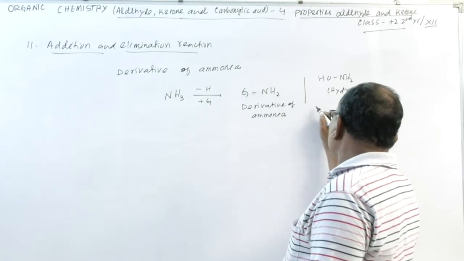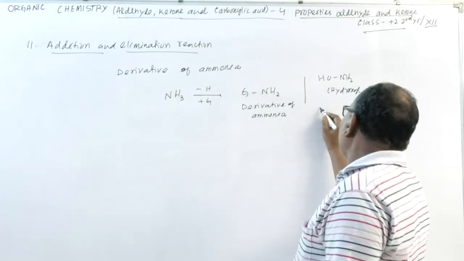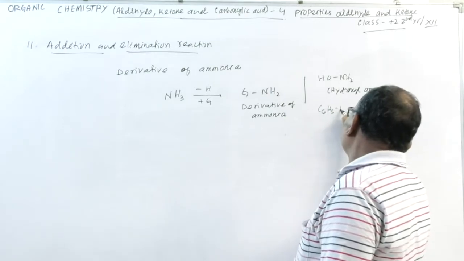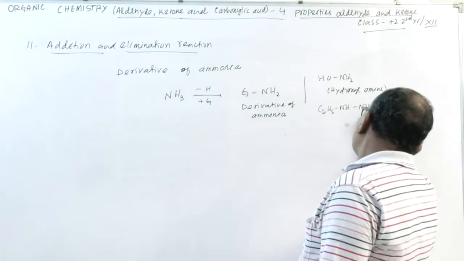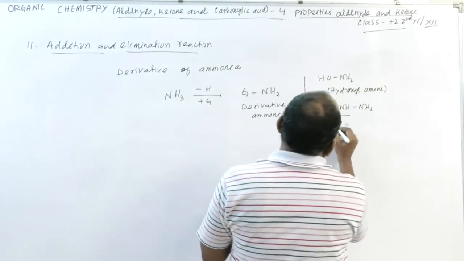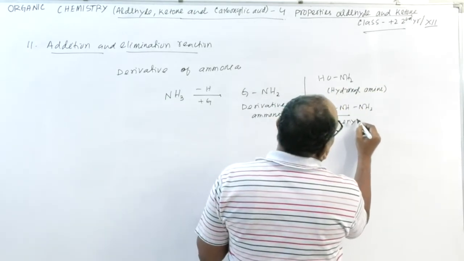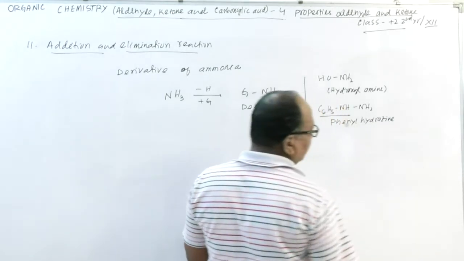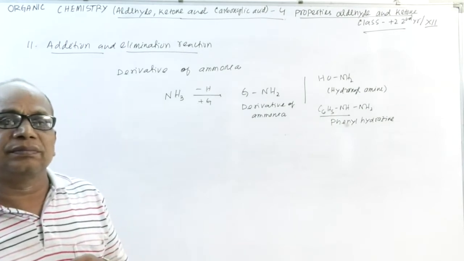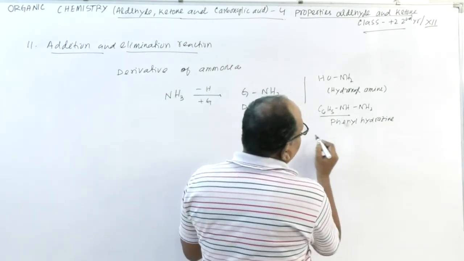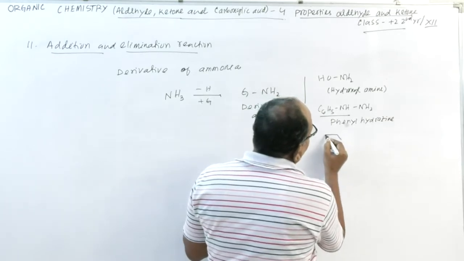Second, if the group is replaced by C6H5, C6H5NH NH2, this is called phenylhydrazine. The phenyl group means C6H5, a benzene ring.